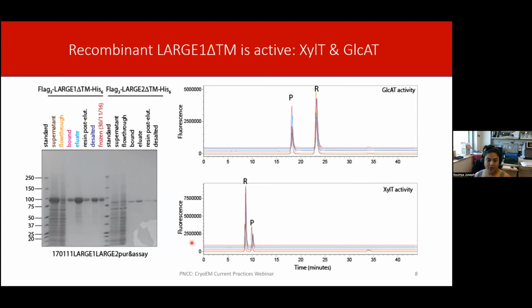So we know we can make plenty of LARGE1, and I'll tell you this is such a blessing because you can do whatever experiments. Protein is never limiting, and it's such a blessing not to have to transduce cells with viruses every single time you want to express protein.